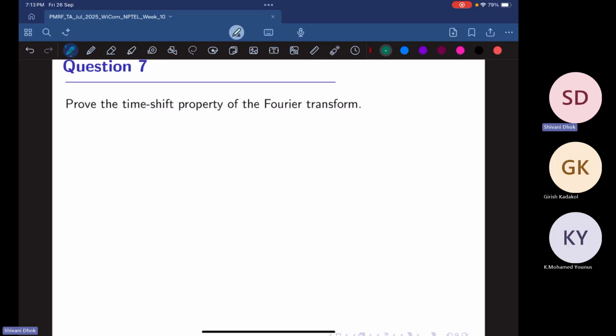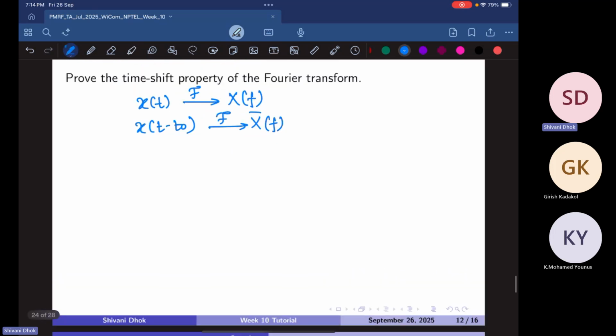So what is the time shift property? If I have a signal x of t, and let's say it has a Fourier transform of x of f, then if I shift this by a factor of, let's say, t naught, what is the Fourier transform of the signal, let's say x bar of f?